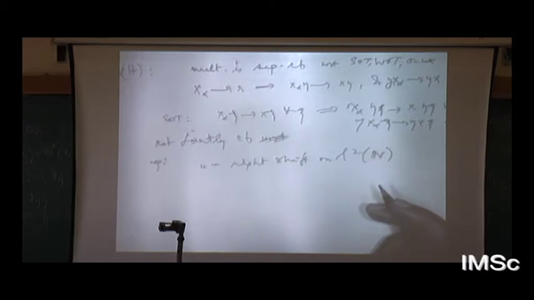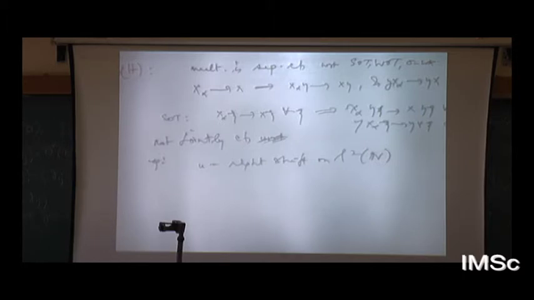The bilateral shift is when you replace N by Z, you take two-sided infinite sequences and you look at the shift. The two are different in character because the unilateral shift is an isometry but not unitary, whereas the bilateral shift is unitary. That is the basic distinction between them.